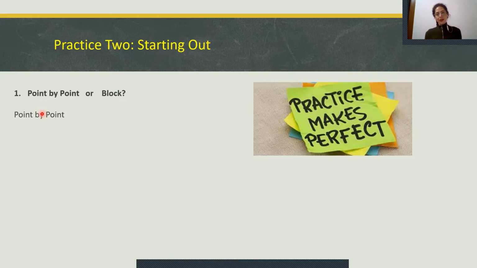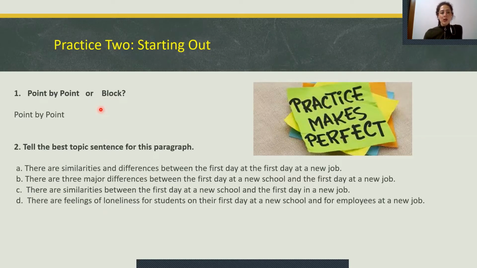At work, the first day it is like this, and at school it is like this. So of course the point by point or block ways are used in essays, but here we did it for the paragraph. We did this for a paragraph. If we think of this paragraph as a one-paragraph essay, it is written in the point by point format.